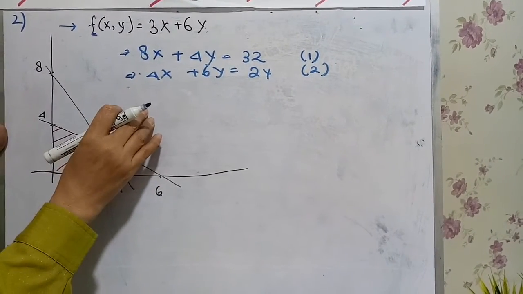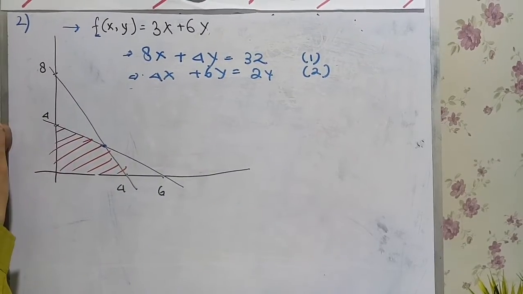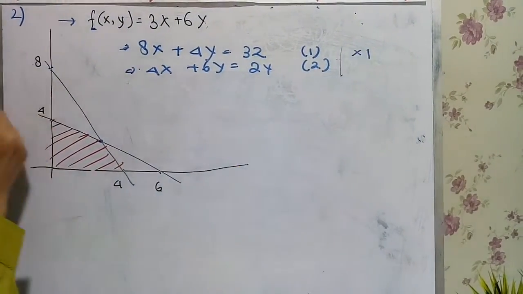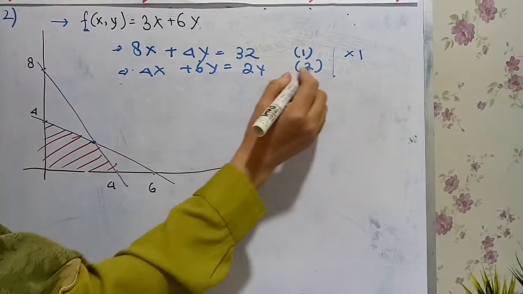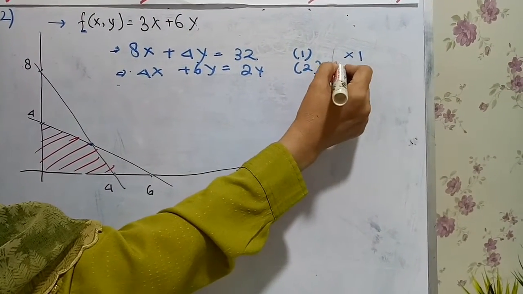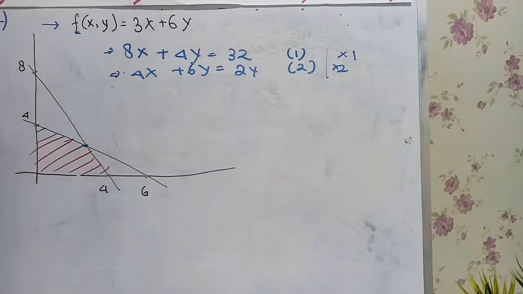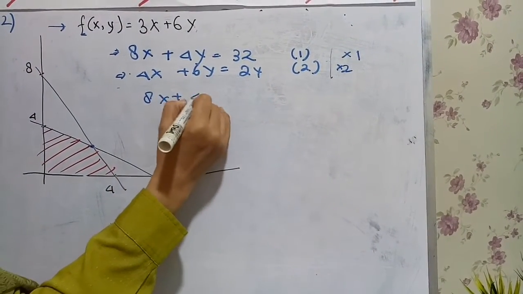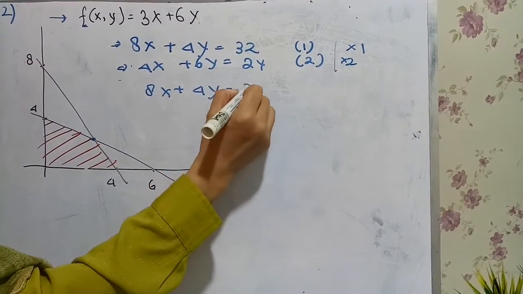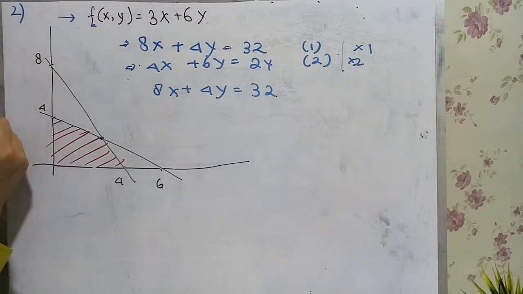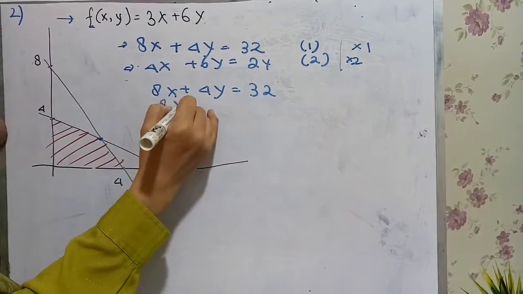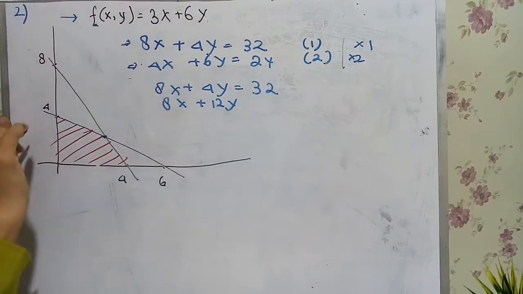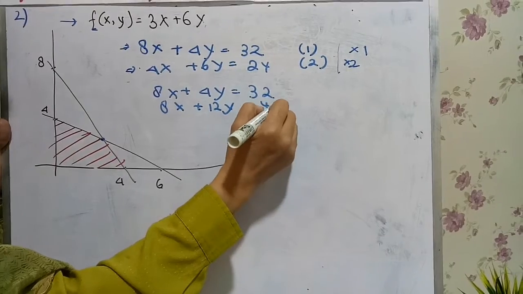We have to eliminate the x, for example. So we multiply the first equation by 1 and the second equation by 2. This will be 8x plus 4y equal to 32, and this one 8x plus 12y equal to 48.